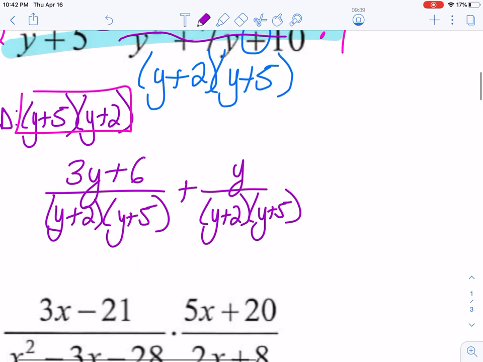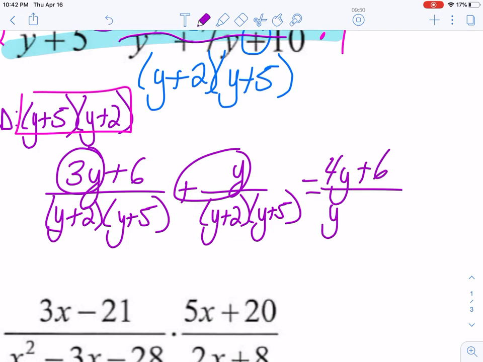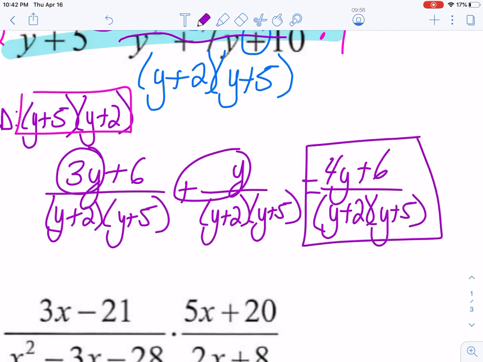And now that my denominators are the same, now I can combine like terms up top. So I've got 3y plus y is 4y plus 6 over y plus 2, y plus 5. And there is my final answer.